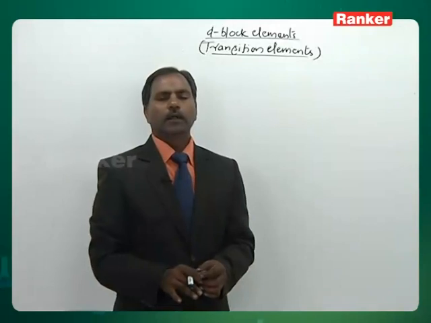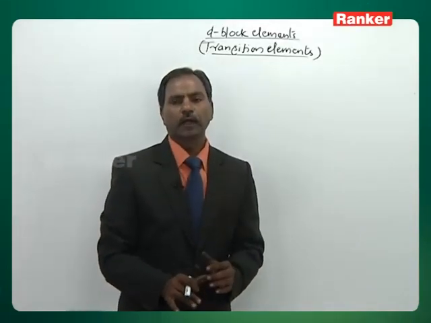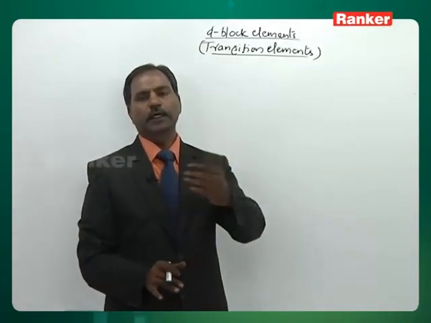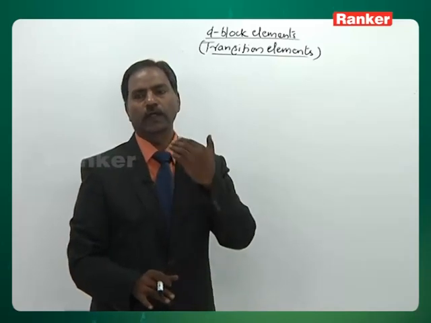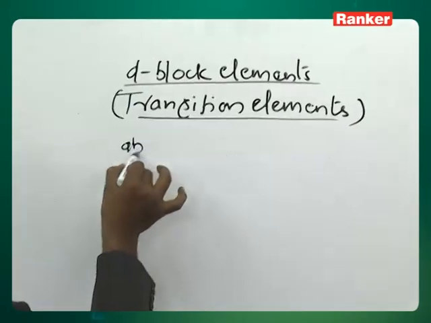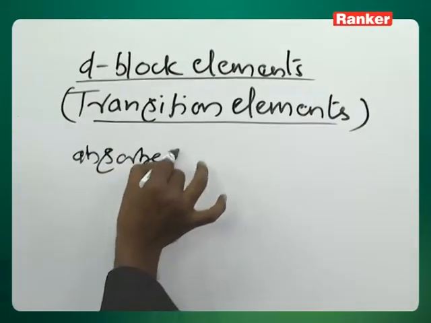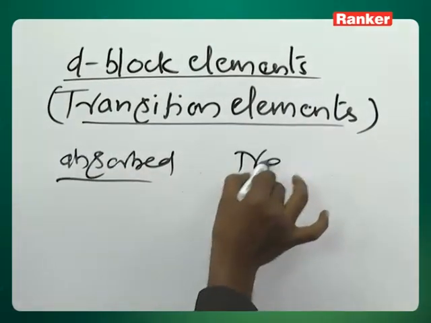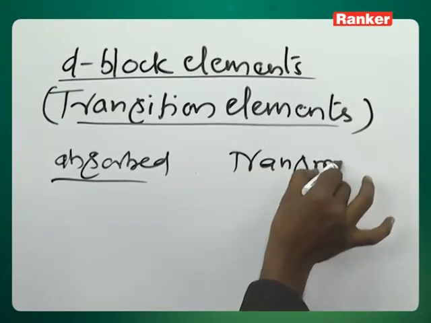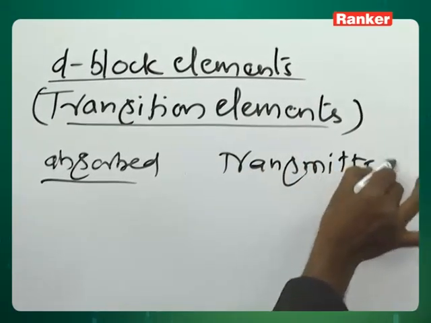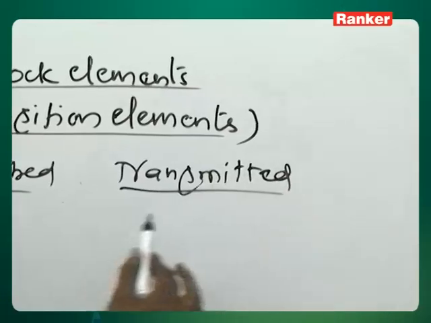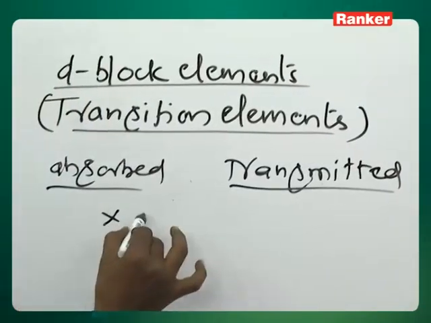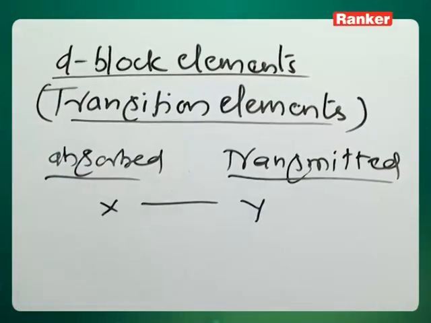Next, look here, there is a relationship between absorbed and transmitted colors. Let me write a small table of absorbed and transmitted colors. Consider X color is absorbed, then Y color is transmitted.